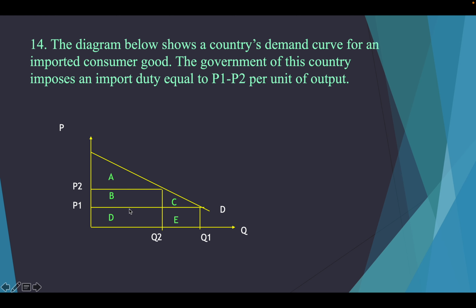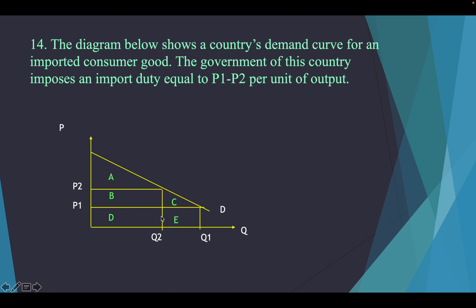Then government tax revenue. You can see when the price is P2, the quantity is Q2, we cannot take anything after that. We can take up to here at the P2 price. Now there is the consumer surplus and B, P1 to P2, B is the government tax revenue.